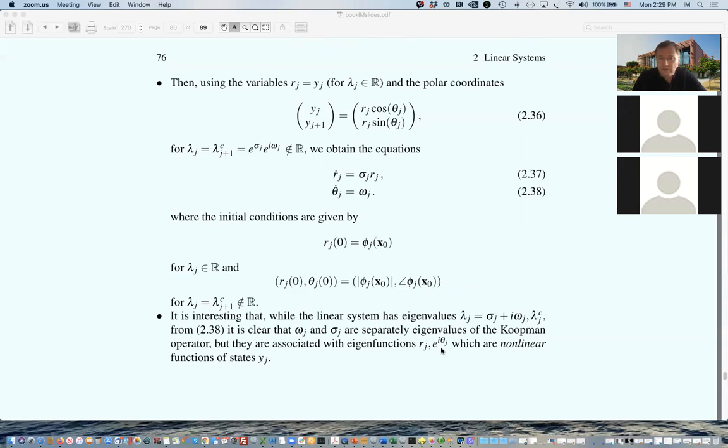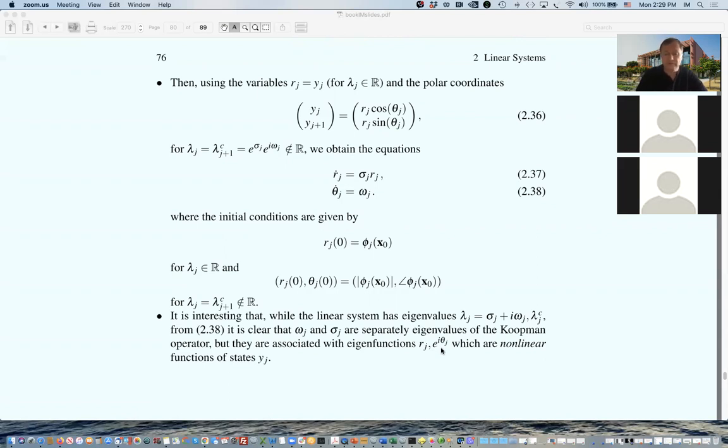So that leads us to the question: we started with these linear eigenfunctions, but there seem to be some nonlinear ones as well on a linear system. And we will see that those nonlinear eigenfunctions are also necessary for us to understand the behavior of observations, of measurements over a linear system, provided those measurements are nonlinear functions of state.